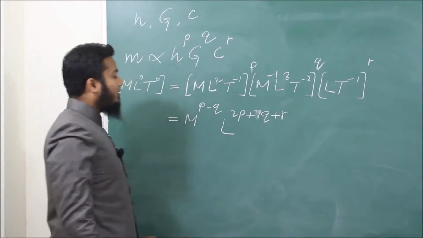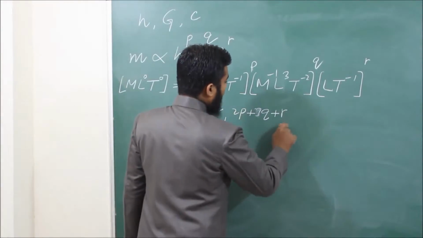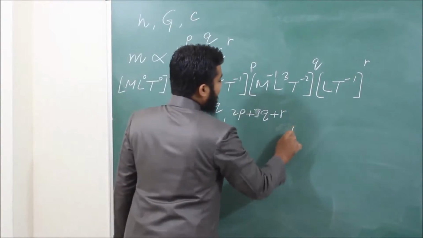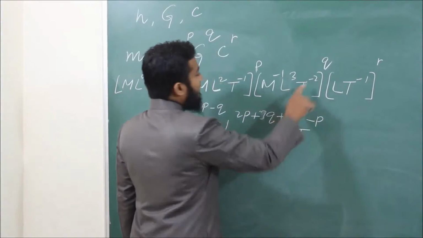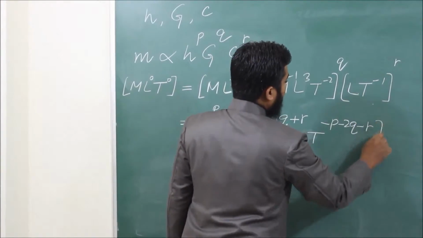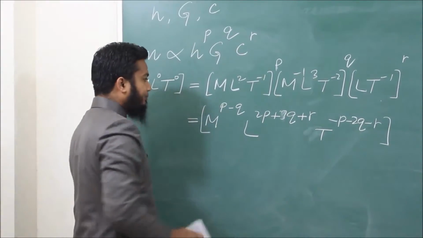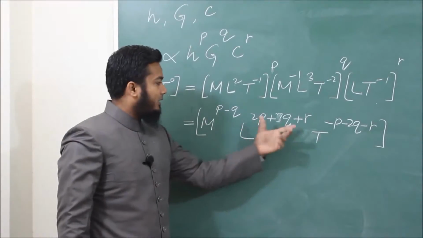So L has total power 2p plus 3q plus r. T is also appearing at 3 places, so it will have powers minus p, minus 2q, and minus r. So the dimensions on the right hand side are p minus q for mass, this for length, and that for time.